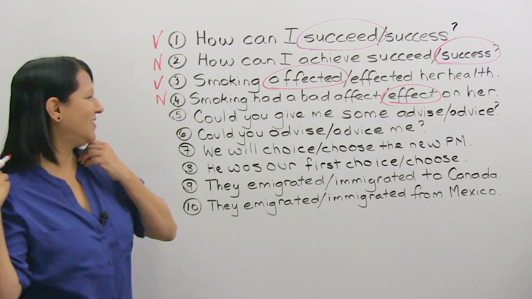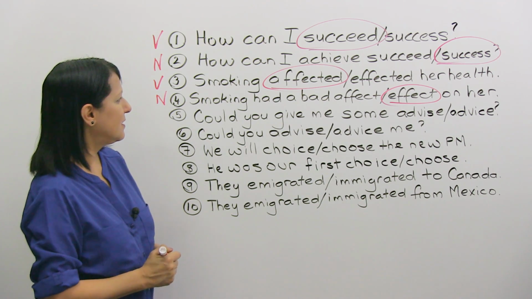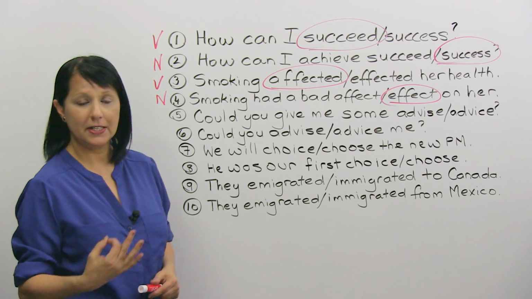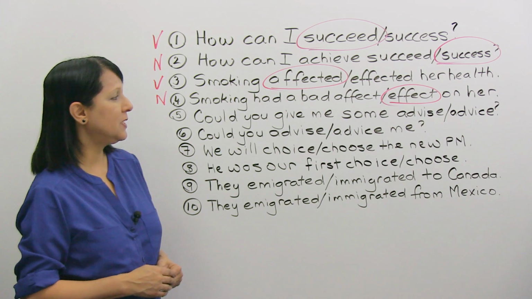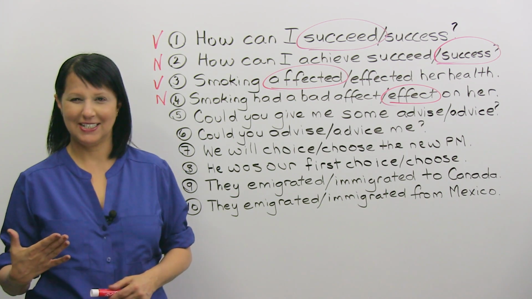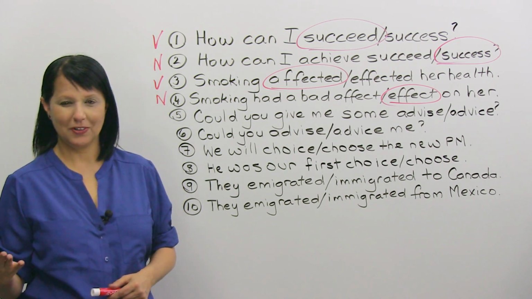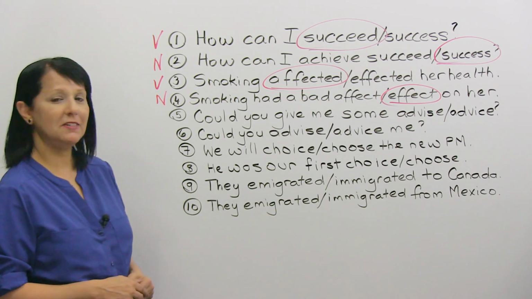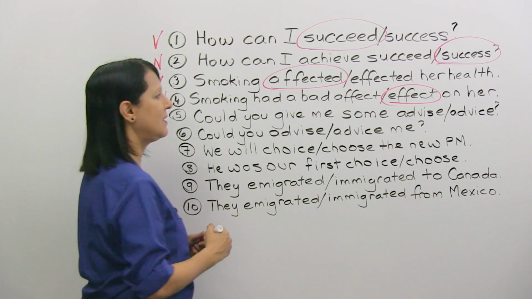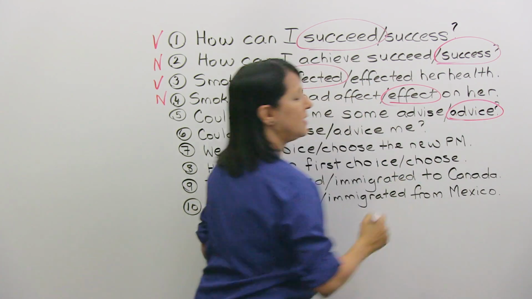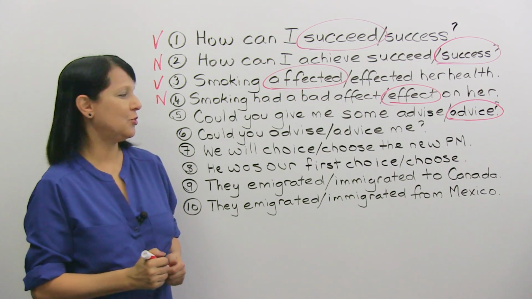All right? Good. Number five, could you give me some advice or could you give me some advise? What's the correct word there? Could you give me some advice? Okay, good.